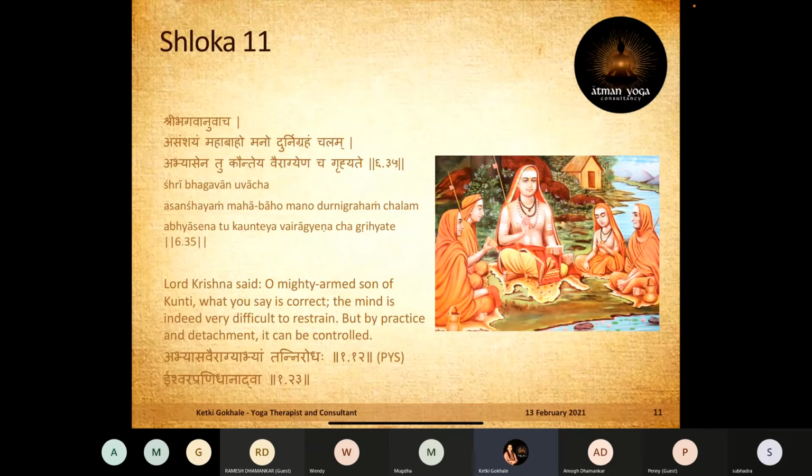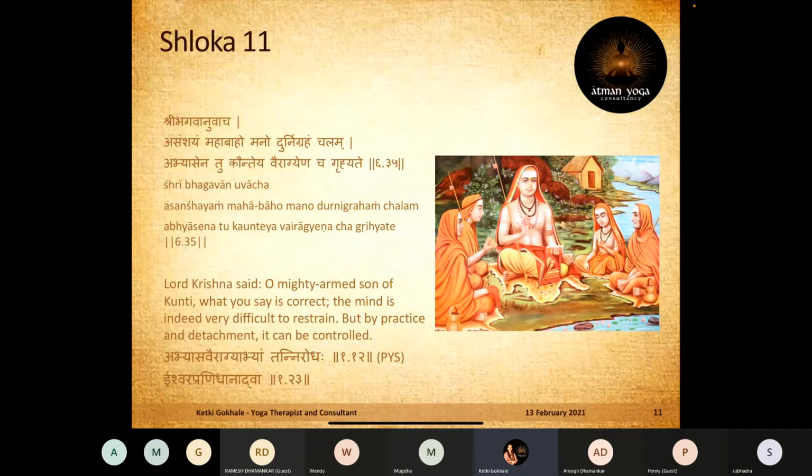So what is the solution in order to control such a turbulent, strong, stubborn, restless mind? Only with these two practices, that is abhyasa and vairagya. Vairagya means detachment. First, in order to do this constant effort or abhyasa, we need to develop the sense of detachment.